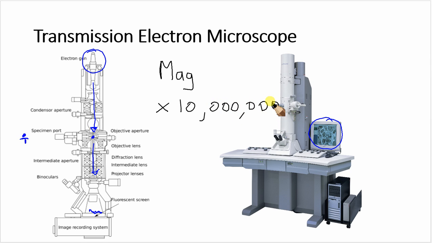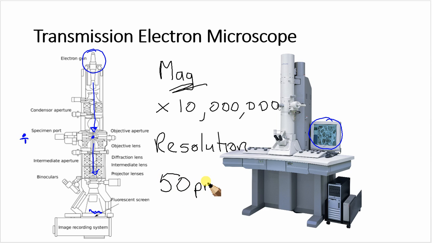So that's an extraordinary magnification. But what's more important than that actually is the resolution that you have with an electron microscope. So the resolution here is 50 picometers. In other words, this allows you to see in much greater detail.